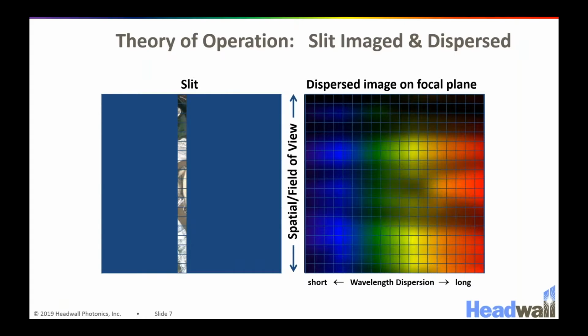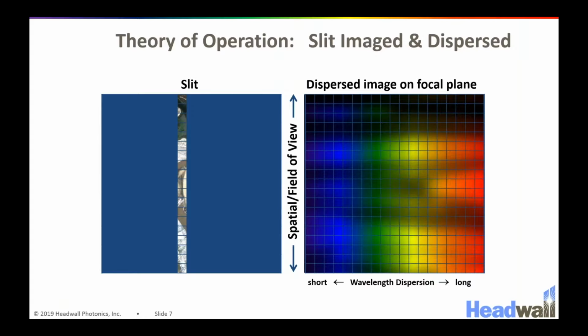I'm going to show a few other images to help explain that a little better. What I've shown here is a picture of what the scene might look like with everything blocked out except for one slit. Every time the camera takes a picture, we're just getting one sliver of the scene. This is what it would look like on the focal plane if we did not have the diffraction grating in there. If we were not dispersing the light, we would just put this one row of pixels back onto the focal plane.